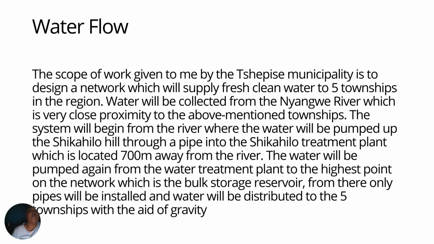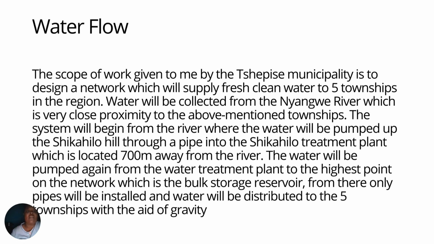Now, for the water flow, the scope of work given to me by the TSHIPISE local municipality is to design a network which will supply fresh, clean, potable water to the 5 townships in the region. Now, water will be connected from the river, the Nyangwe River, which is in very close proximity to the above-mentioned townships.